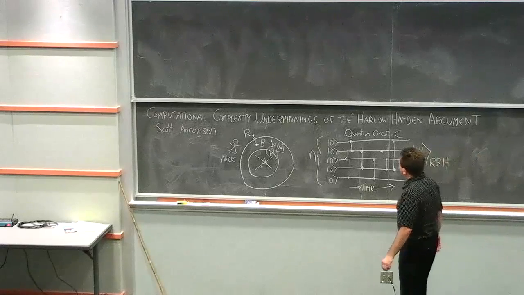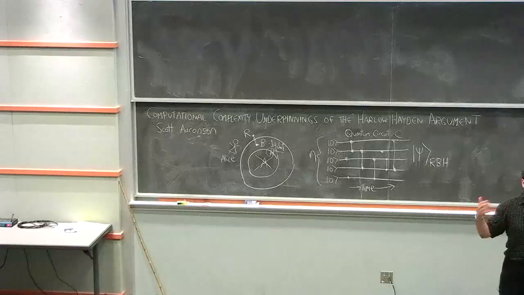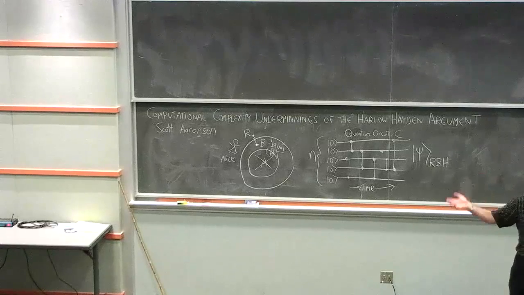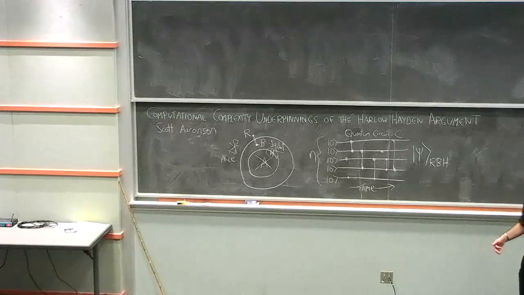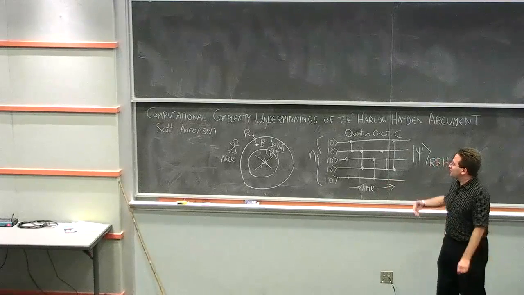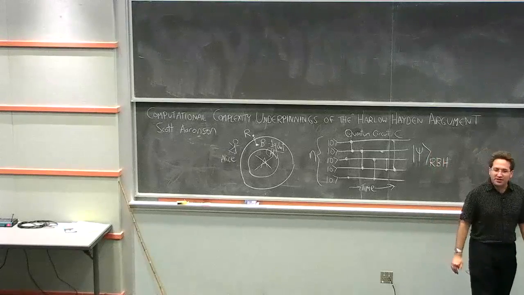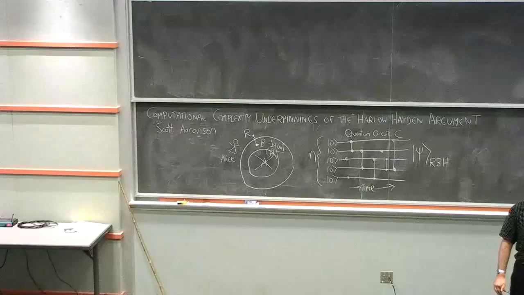And what can we say about the dynamics? Obviously, I don't know what's going on, if it's M theory or AdS/CFT, but whatever is happening to scramble these qubits, I'm going to assume that it can be modeled somehow as a quantum circuit.